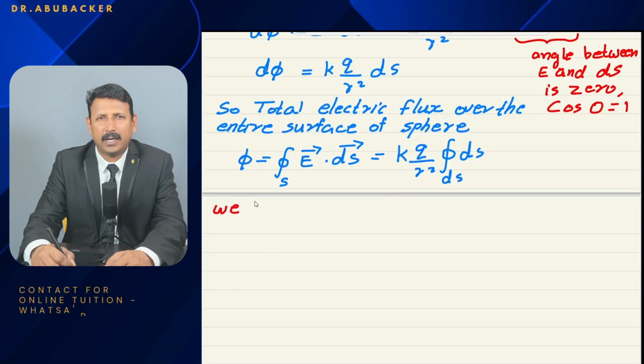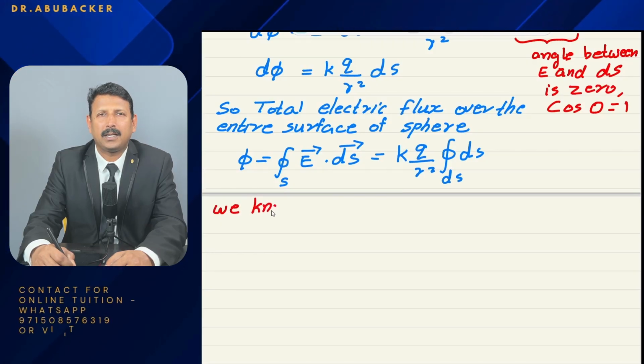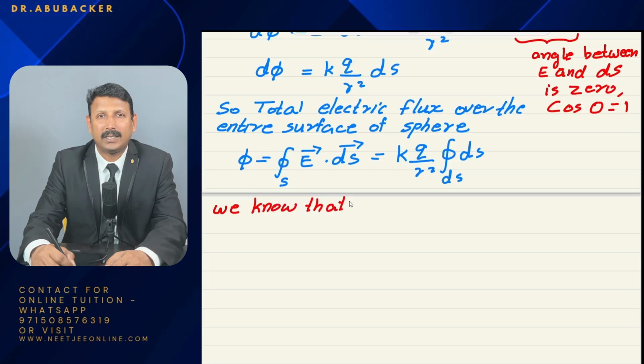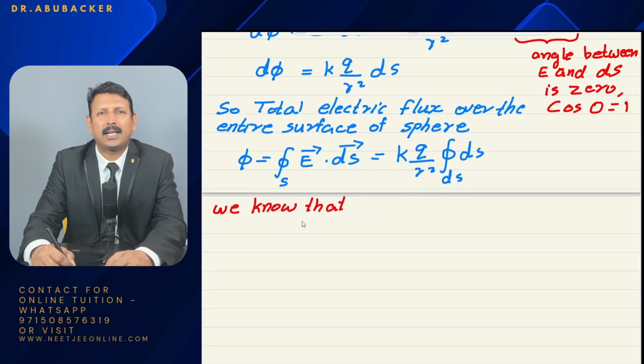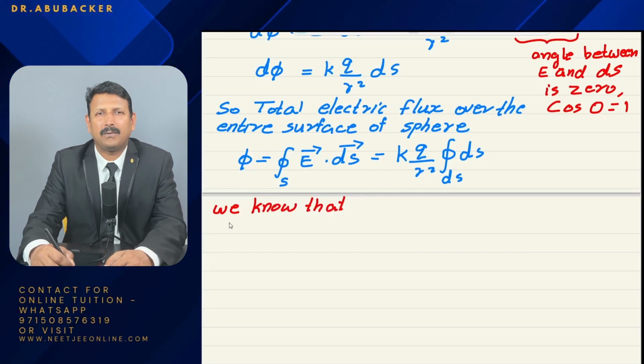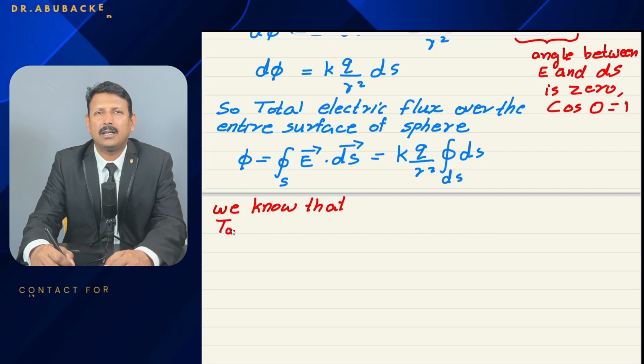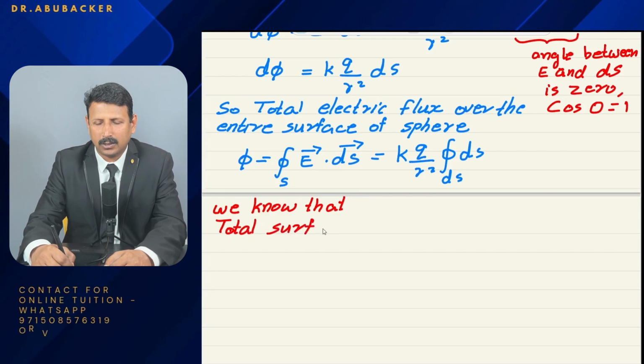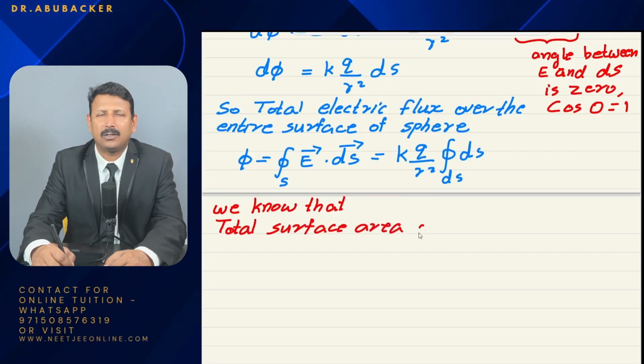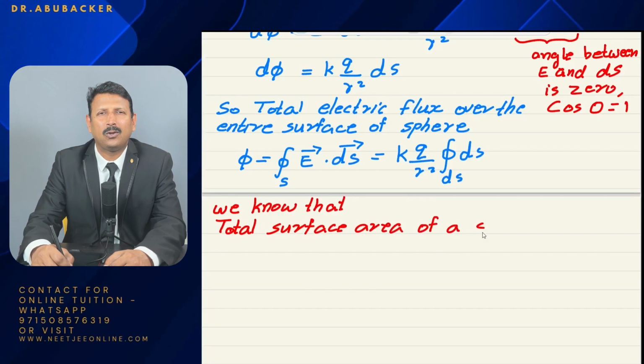How to identify the variable and constant I explained in the previous video. The variables are the ones coming after the small letter d, along with the d. Everything else you can write outside, as constants. So here k is a constant, 9 into 10 raised to 9, which is 1 by 4 pi epsilon 0. Kq by r square integral ds.